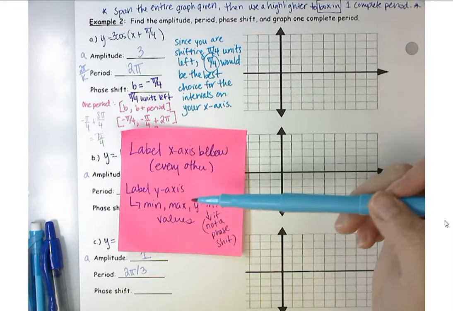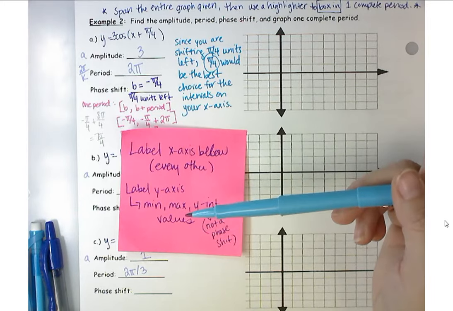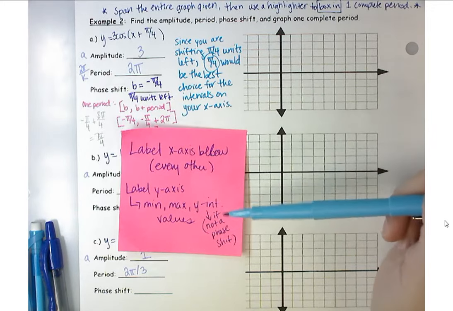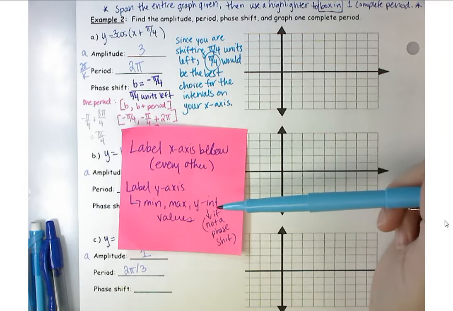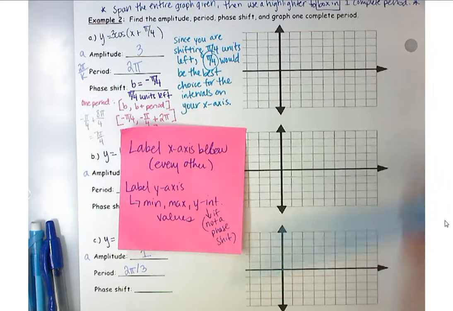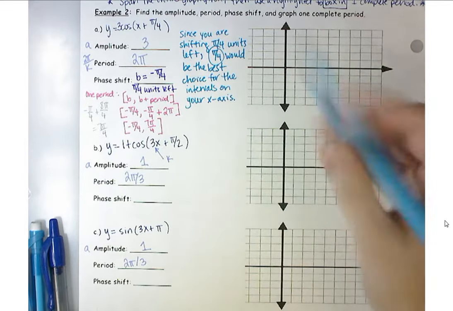When you're labeling the y-axis, label your min and your max value on the y. And I only want the y-intercept if you don't have a phase shift. So today we're doing phase shifts, so you won't have to label your y-intercept. That's because when you're shifting it over, it's not necessarily going to be a nice point, whereas yesterday we did have nice points for our y-axis.